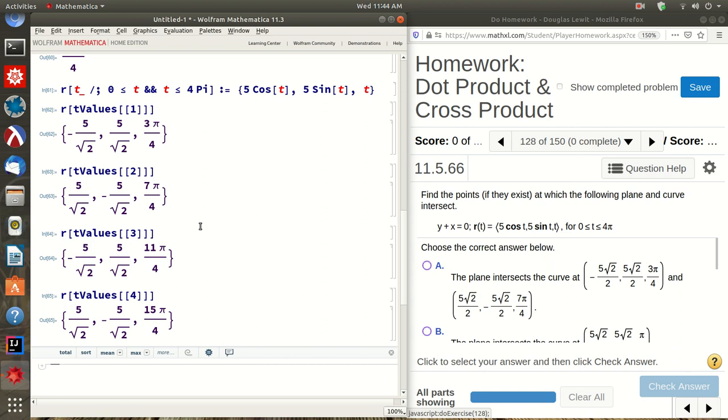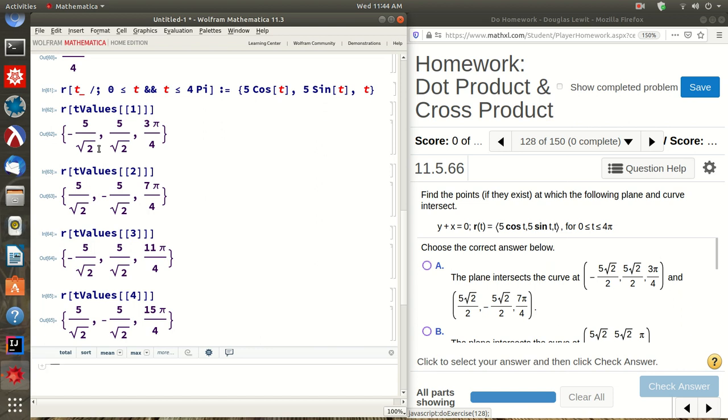Now, what you're going to have to remember is this. Mathematica, unfortunately, does not rationalize the denominators of fractions. So, for example, if the answer is 5 divided by the square root of 2, Mathematica will show you 5 divided by the square root of 2.